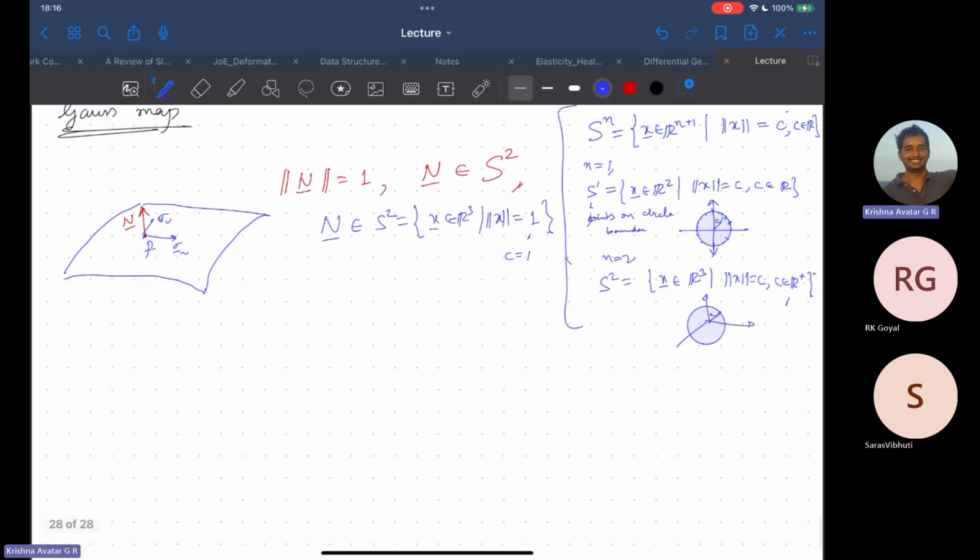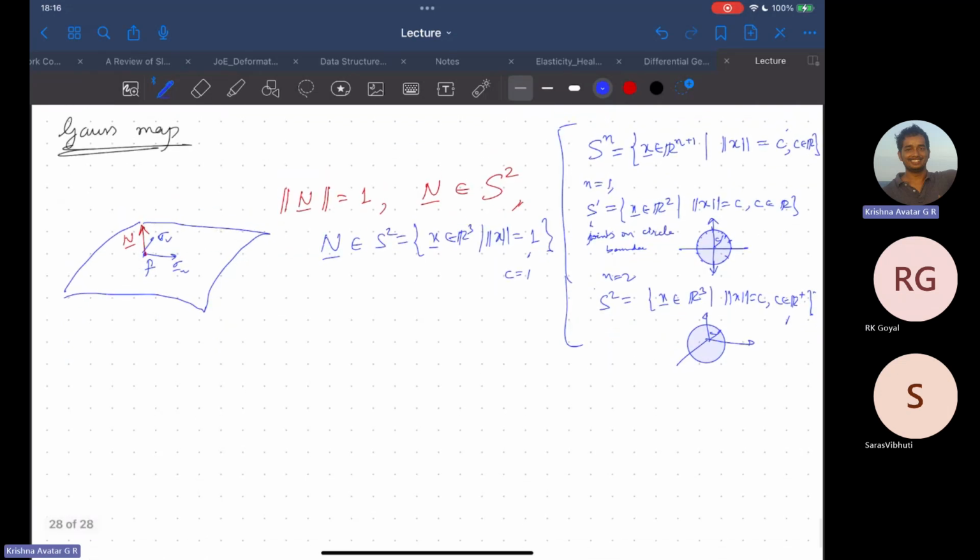Right? So now I'll ask, but what does Gauss map mean? Gauss map says that to every point P, which is an element of S, we assign a normal vector NP.